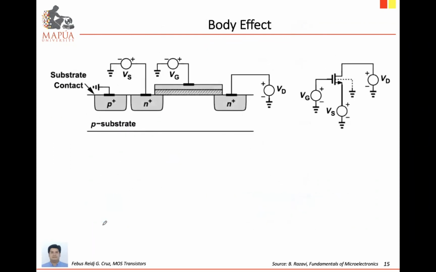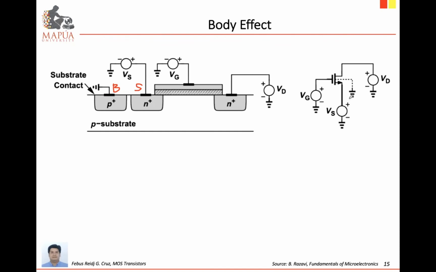Another phenomenon exhibited by the physics or structure of the MOS transistor is the body effect. Body effect happens when the source and bulk have a different potential. In this illustration, the source has a voltage and the bulk is connected to ground.